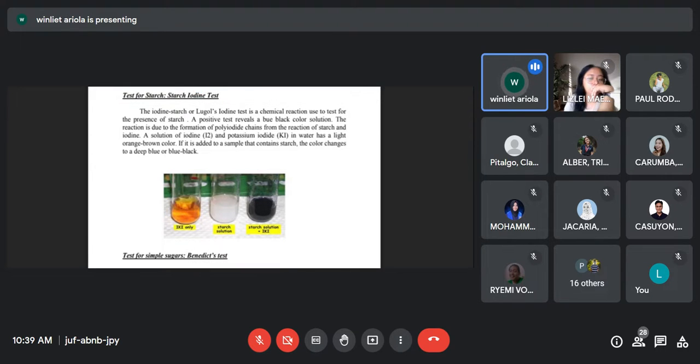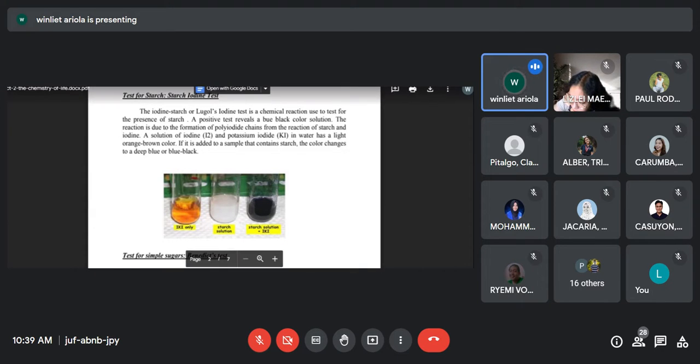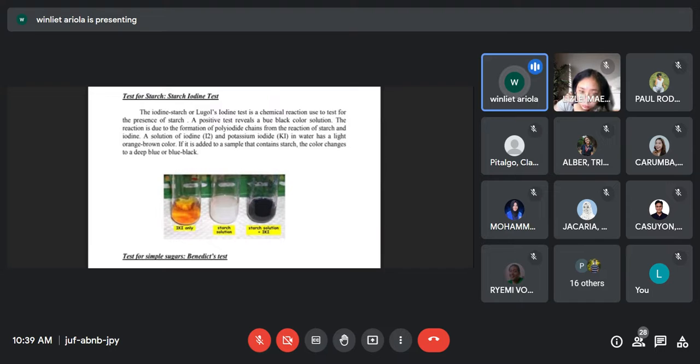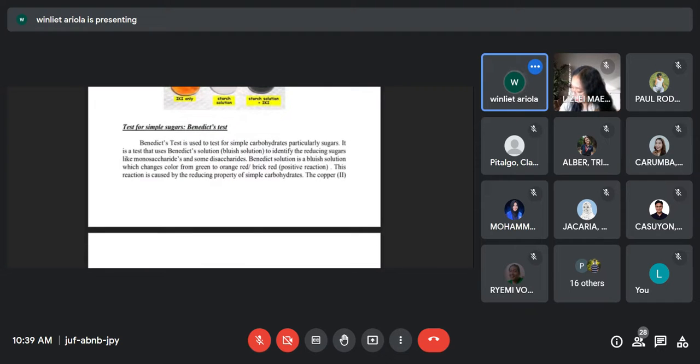Iodine and potassium iodide in water has a light orange-brown color. So the negative is orange-brown, and the positive is blue-black solution. Don't forget, test for starch is the iodine test, or Lugol's iodine test.